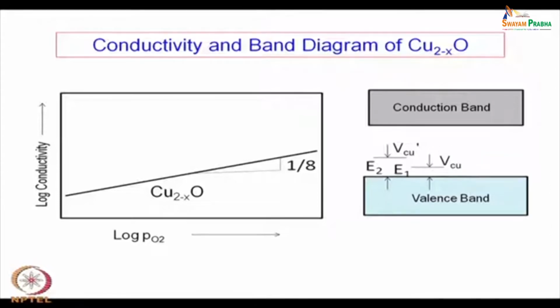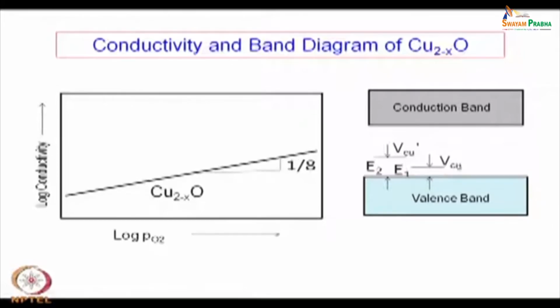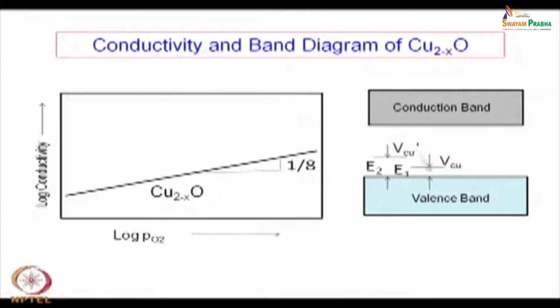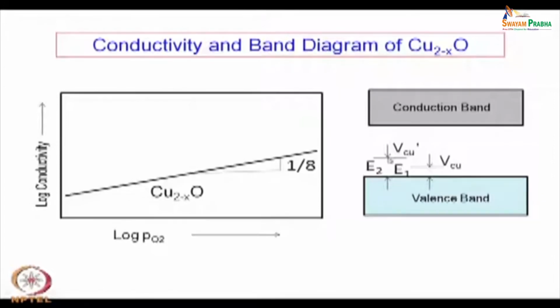Here the metal vacancies will have acceptor-like characteristics, and these will be the neutral vacancy, and this is the singly charged vacancy. So, this energy will be low, this energy will be high.